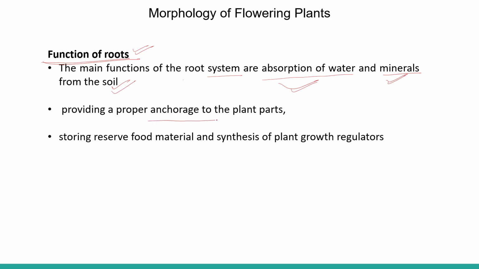Providing proper anchorage to the plant parts. When the root goes deep inside the soil, it gives rise to secondary and tertiary levels of branching of the roots. It holds the soil firmly and helps in proper anchorage of the plant parts.